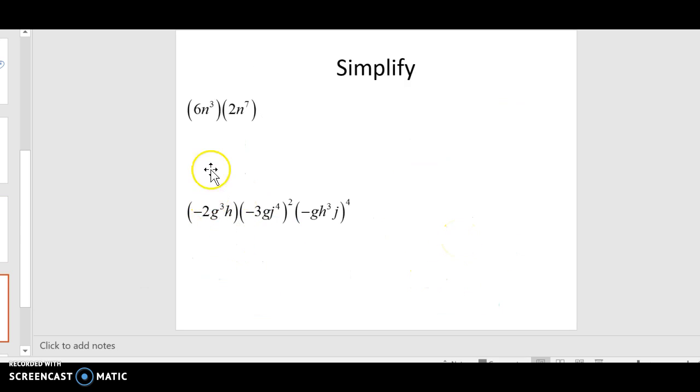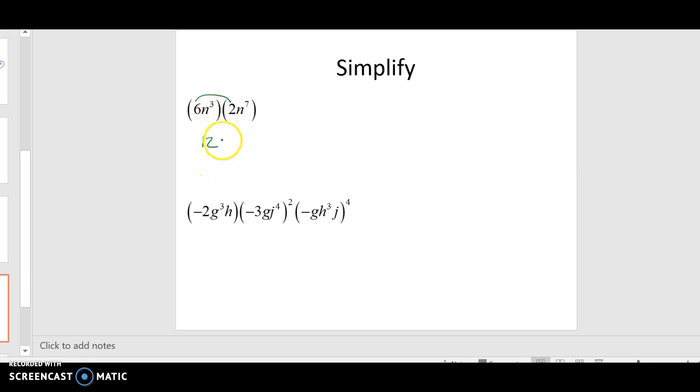So right here, when I look at this first example, I have to recognize, are there any exponents outside the parentheses I have to get rid of? No. So now all I'm going to do is multiply coefficients together, and then I'm going to multiply same bases together. So I can multiply 6 and 2 together. What is 6 times 2 going to give me? 12.